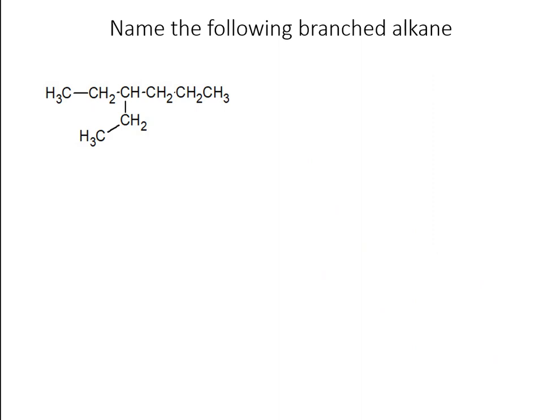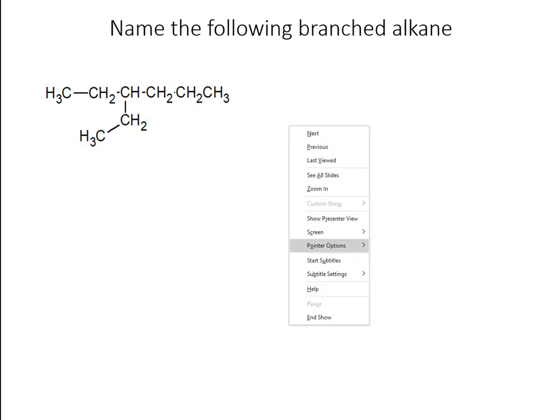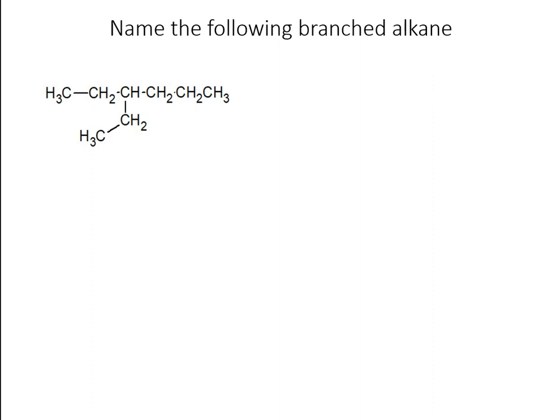So we are going to count: 1 carbon, 2, 3, 4, 5, 6. So that's the first chain. Let's count the second chain: 1, 2, 3, 4, 5, 6.